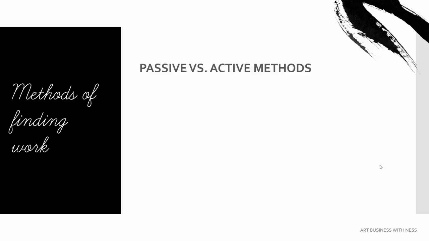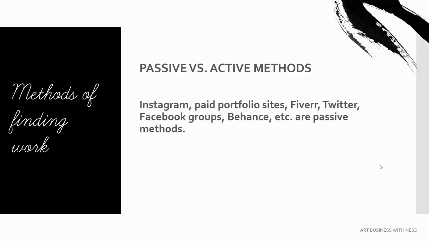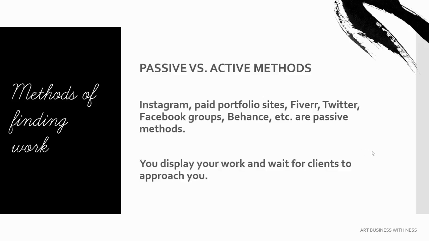So passive methods of finding work, things like posting on Instagram, paid portfolio websites, Fiverr, Twitter, Facebook groups, Behance, etc. These are all passive methods. All of these methods have one thing in common: you display your work and then you wait for clients to approach you. That's why I call it a passive approach.